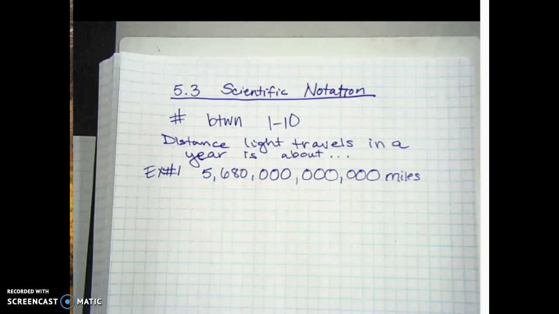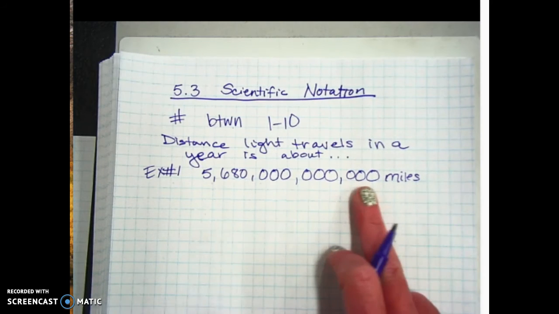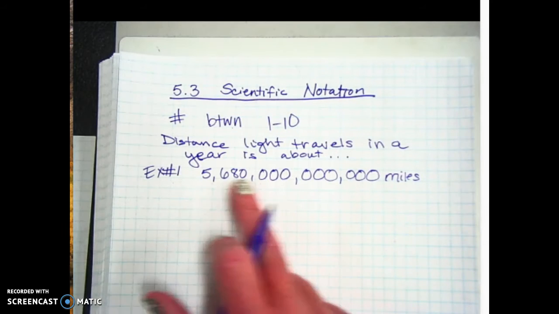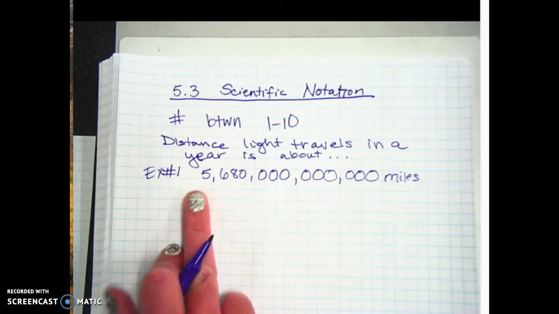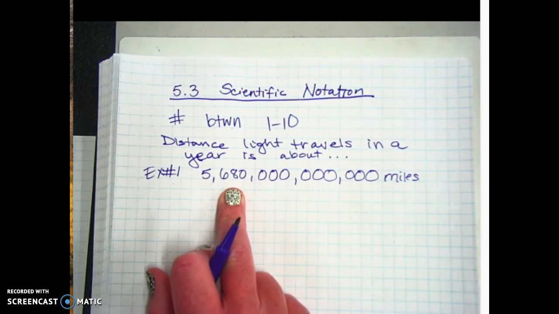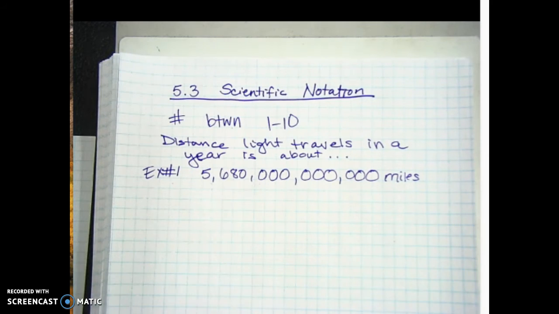This is obviously hundreds, thousands, millions, billions, trillions. So this is 5,680,000,000,000 miles.